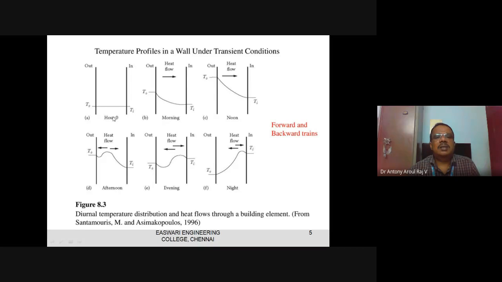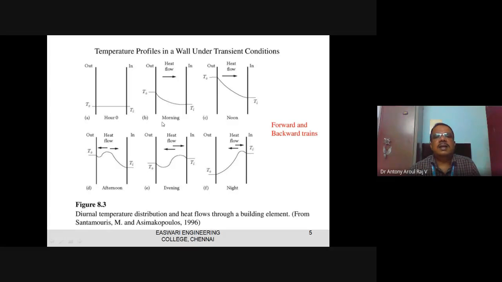Initially, we can consider that at steady state the temperature is the same throughout, but mostly it may not be like that. A small difference in temperature will be there, but we assume that at hour zero I have a steady state in the wall. This is the inside surface of the wall, and this is the outside surface.